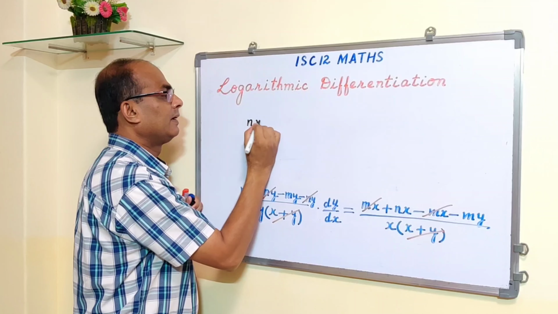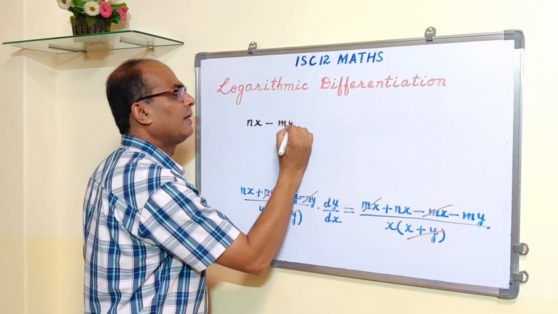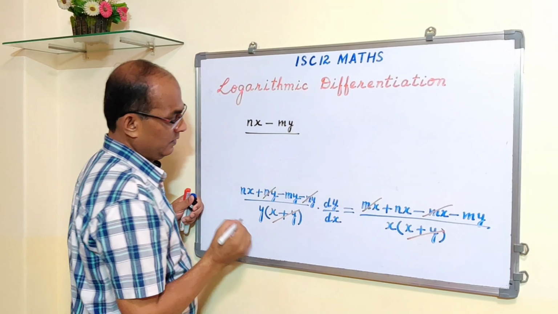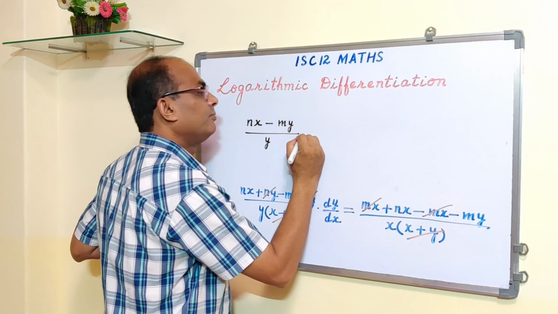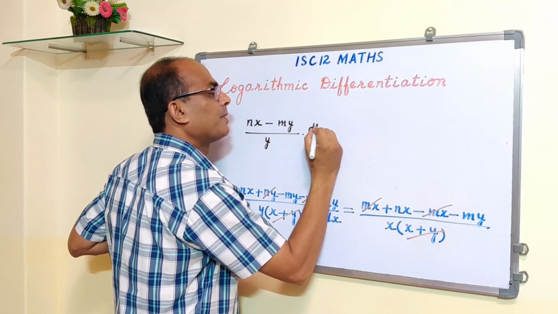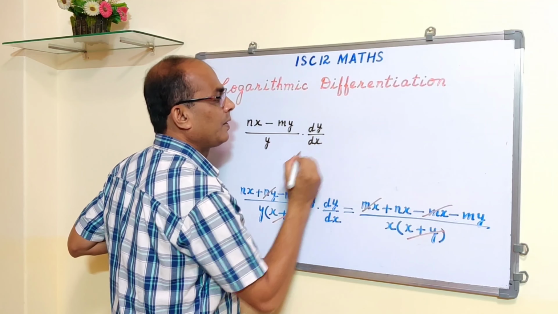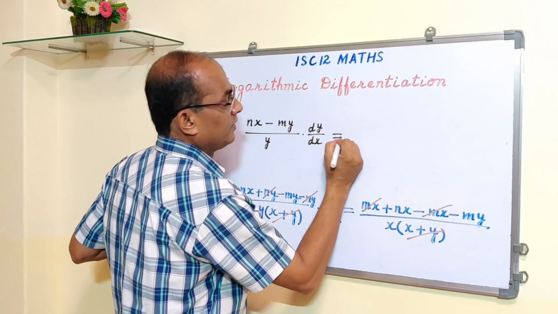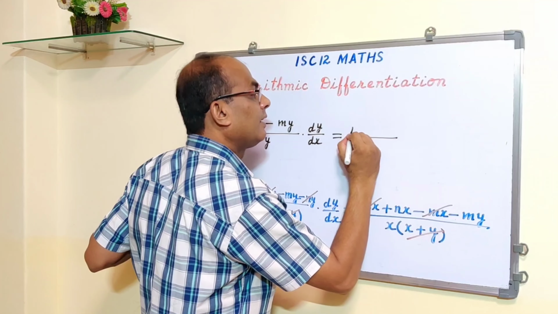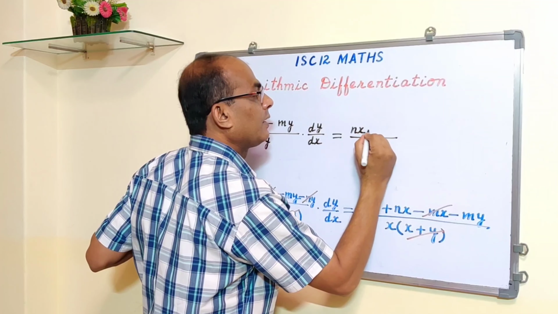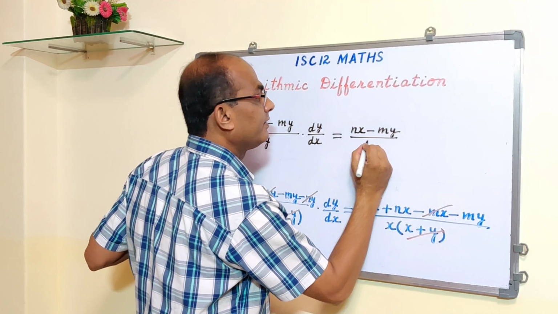Alright, nx minus my whole divided by y into dy upon dx is equal to nx minus my upon x.